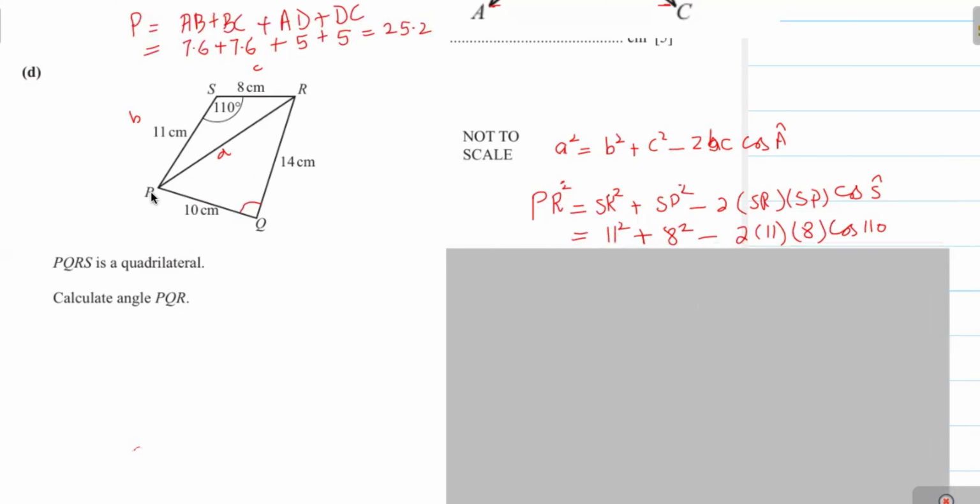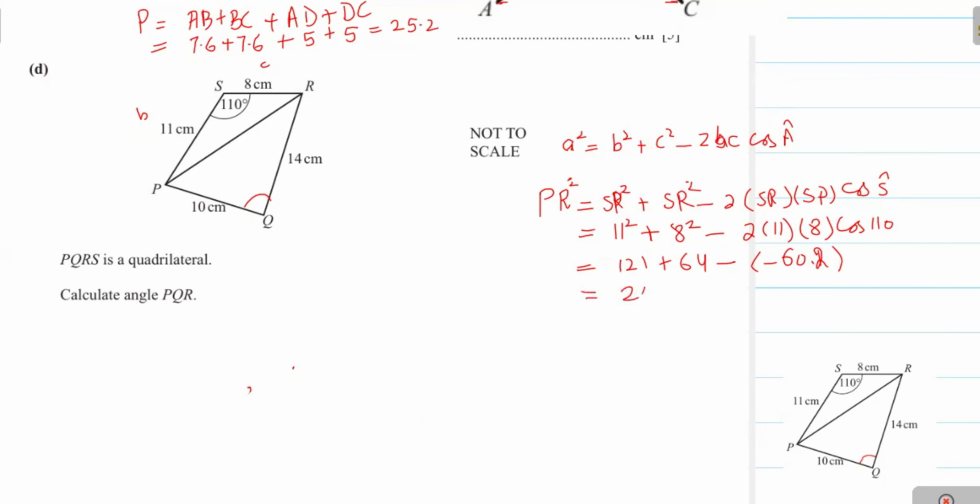We get PR squared equals SR squared, 11 squared, plus SP squared, 8 squared, minus 2 into SR into SP. SR is 11, SP is 8, and the angle between them is 110. We write cos 110.